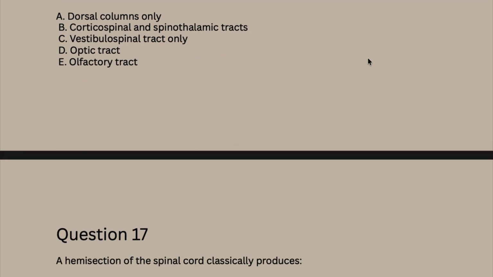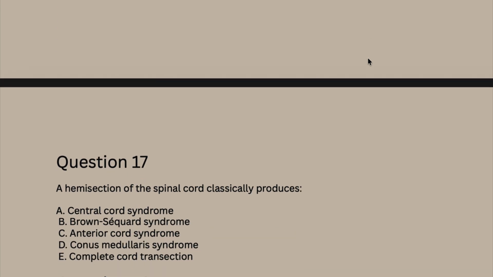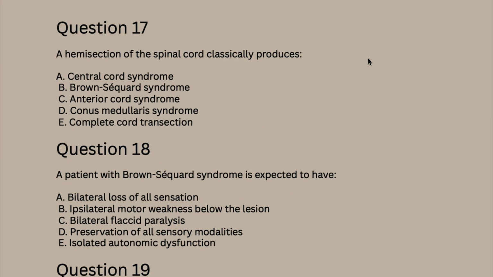Question 17. So hemisection of the spinal cord produces Brown-Séquard Syndrome. And the reason for that is one half of the cord is damaged, and this creates a very characteristic neurological pattern. And now let's look at question 18.